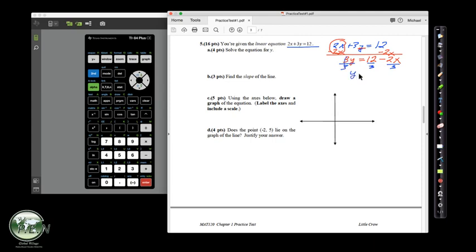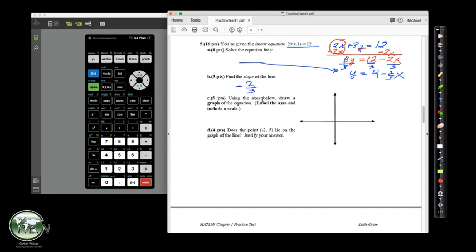We get y equals 4 minus 2/3 x. So that's the equation right there. Find the slope of the line. Well, we just found it. It's negative 2/3. It's the number in front of the x. That's the beauty of having it in slope-intercept form.